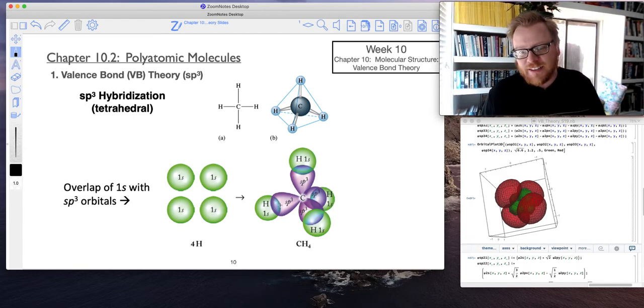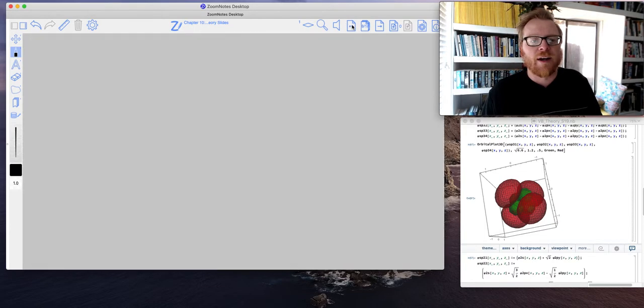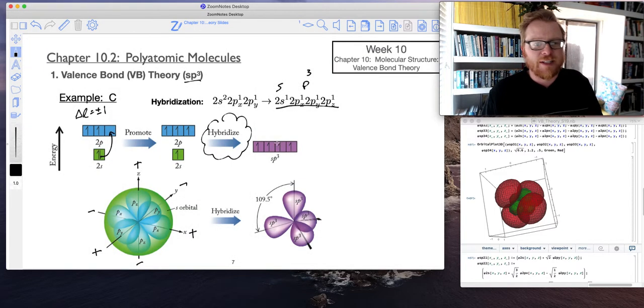And interestingly, it ends up being the negative region of the wave function that overlaps. That then would have to overlap with the negative region of this wave function as well to give us the chemical bond, which is pretty cool. Because once again, we only had one electron, where is it? Yes, one electron in each of the sp3s.